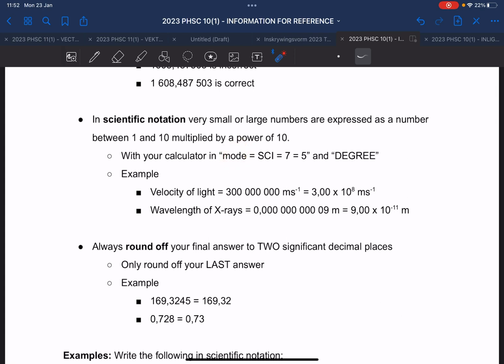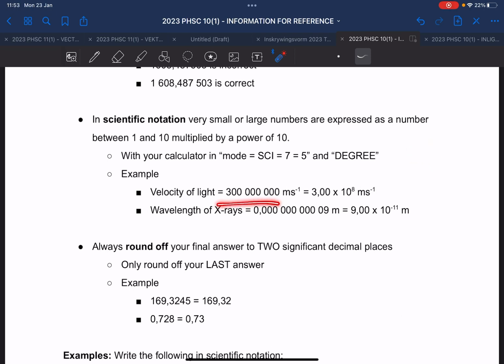Then a list of 8 things comes up, and at number 7 it says Sci. So you press 7 for Sci, and then it asks you from 0 to 9, and you press 5. Then at shift setup again, you'll see number 3 says degree. We want our calculator on degree, not number 5 that says gradient. We don't want that, we want degree. So make sure it's on degree as well.